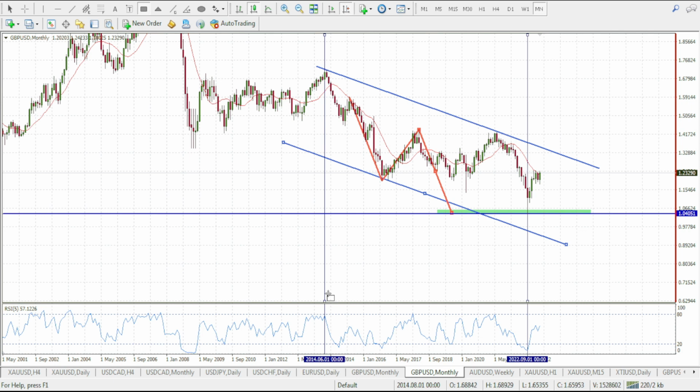That's a good time span for investors, let's say. So obviously the market bounces back from there. This pattern is completed. So this is what just happened on the pound US dollar.